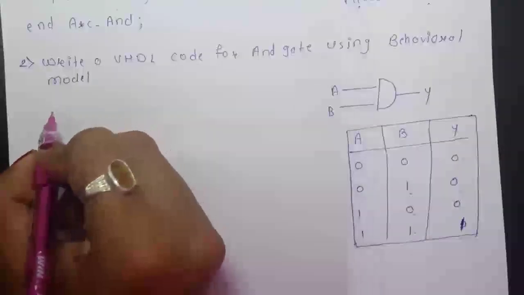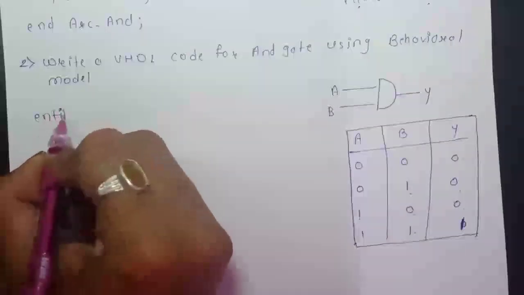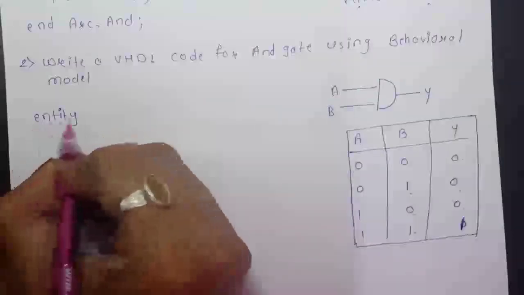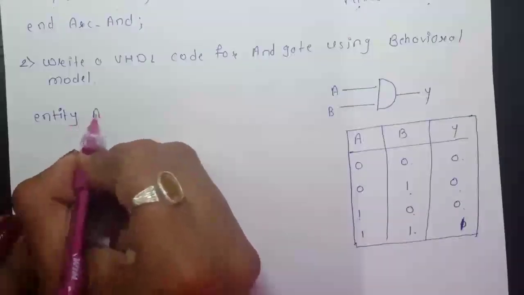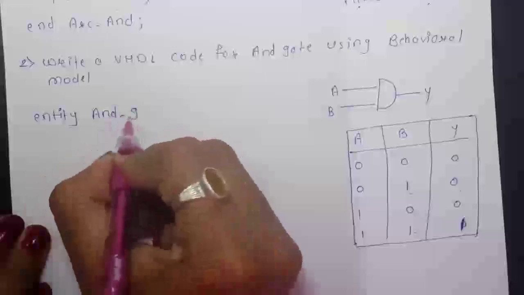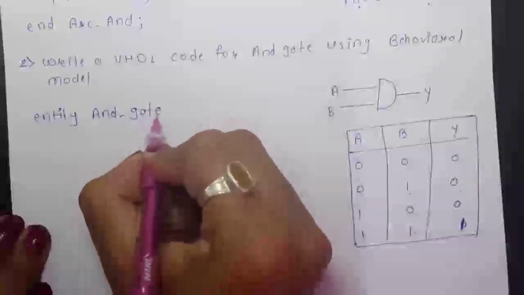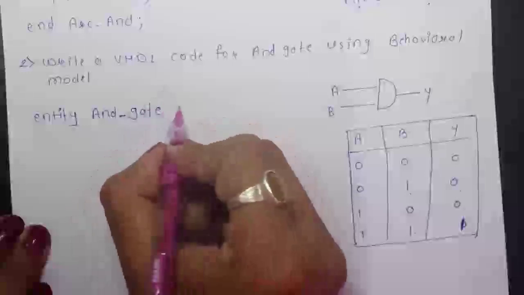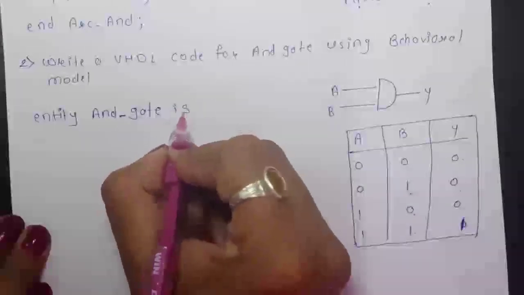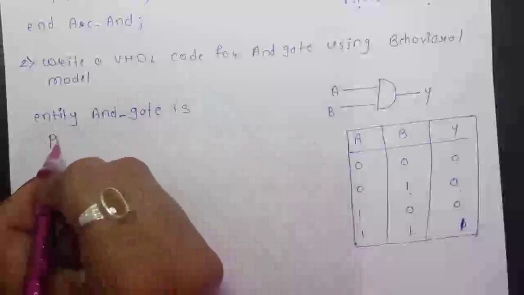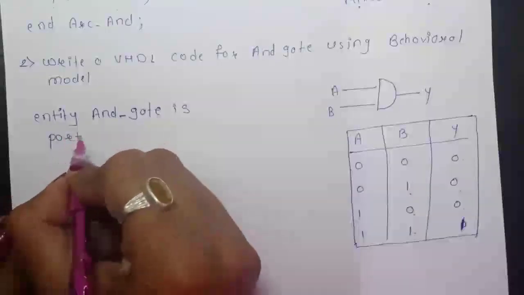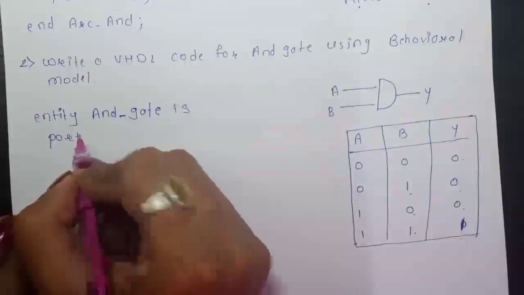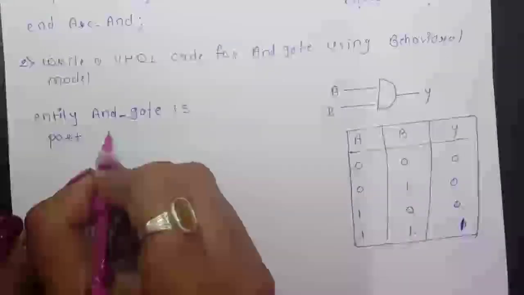Now while writing any VHDL code, again first we have to declare the entity. The syntax for entity is the entity keyword, then the name of the entity, which is a user defined word. Here I define the name as and underscore gate, is. Now I have to specify the number of ports, type of port and data type associated with that port.